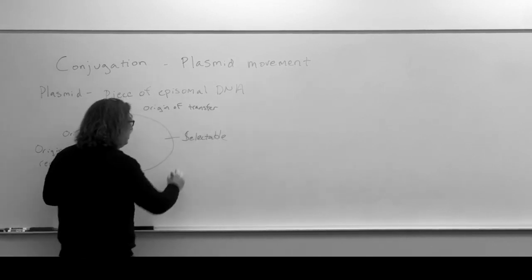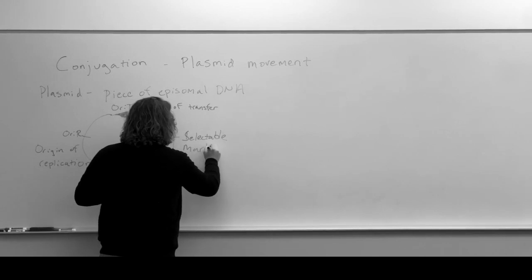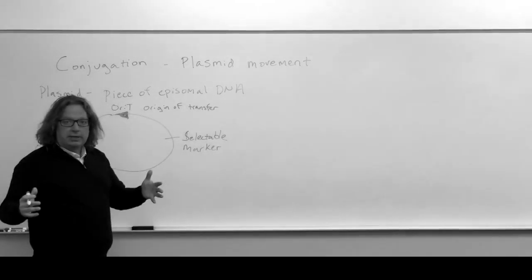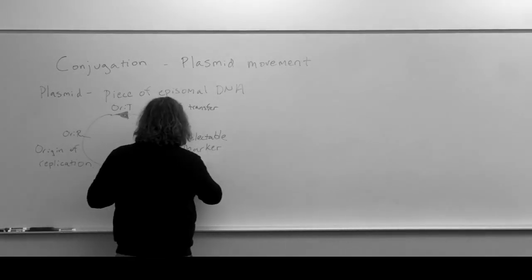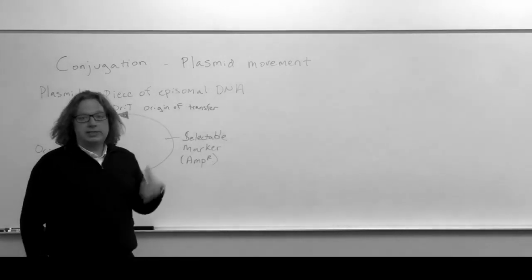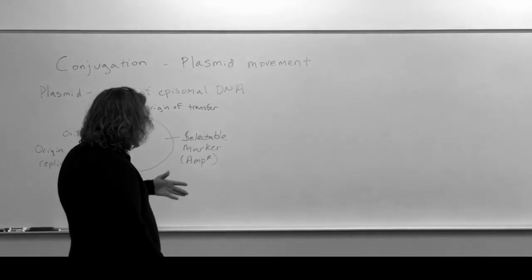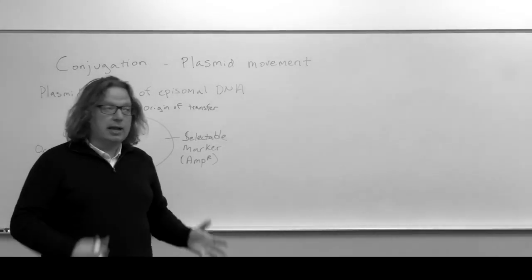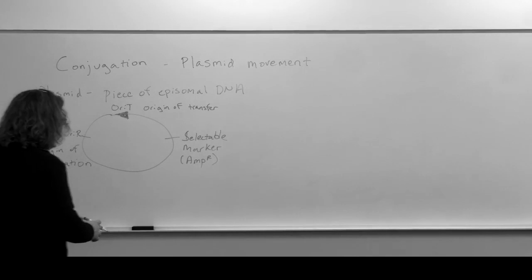Another core component is a selectable marker, which is something like antibiotic resistance, say ampicillin resistance, for example. So there can be a single drug resistance gene. There can be multiple drug resistance genes, again, which is really scary in a clinical setting.